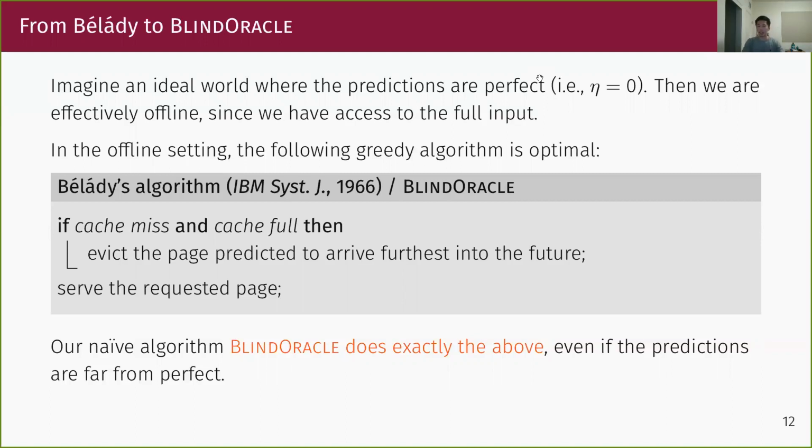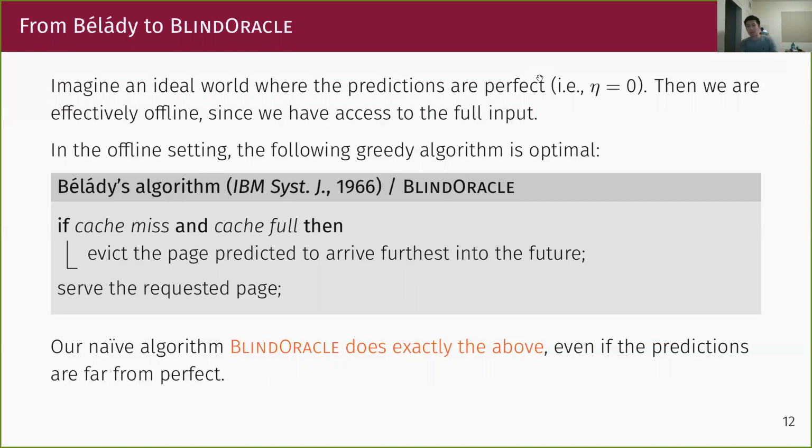And so a classical result shows that if we have the full input, the offline optimal algorithm is given by the following simple scheme. If we have a cache miss and the cache is full, then we simply evict the page that is predicted to arrive furthest into the future.